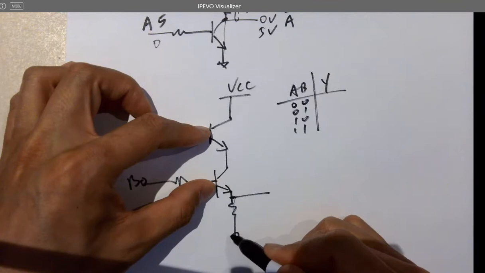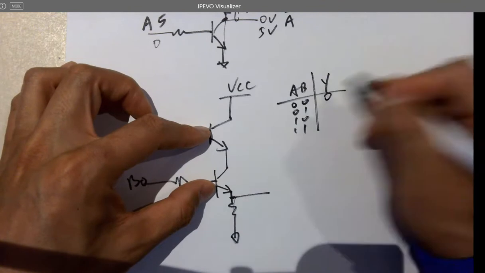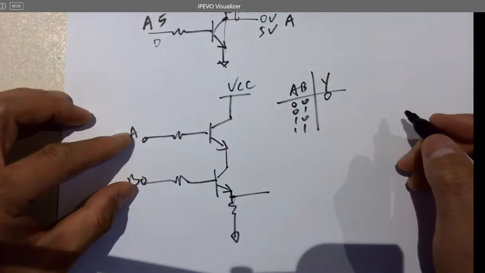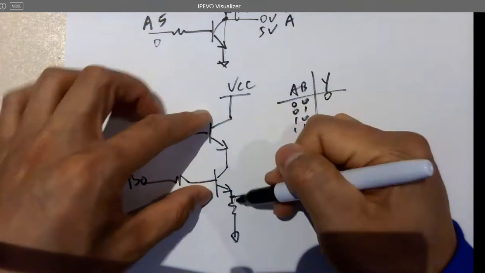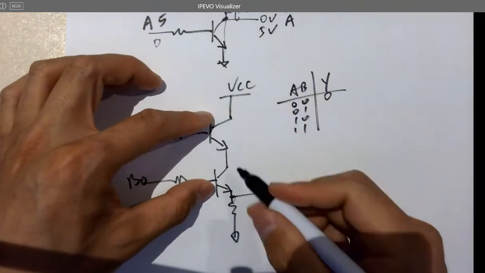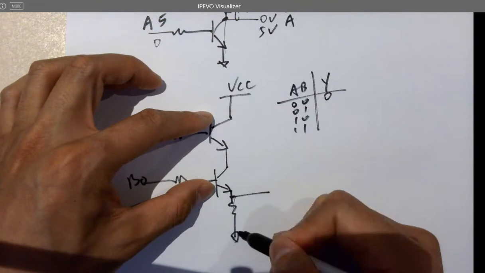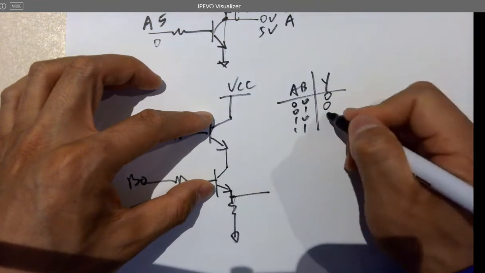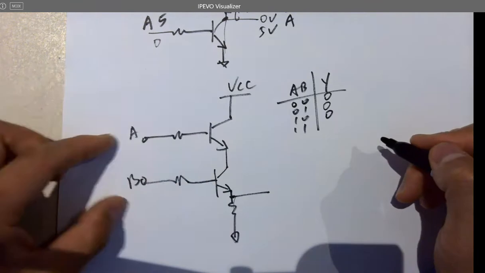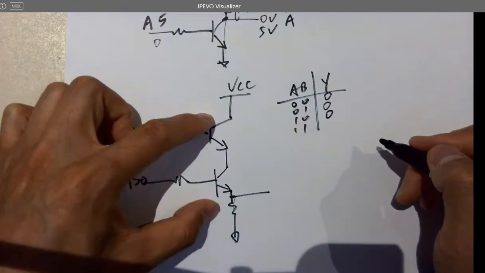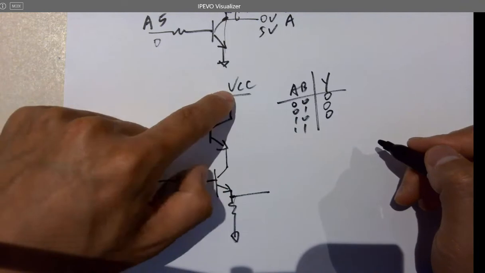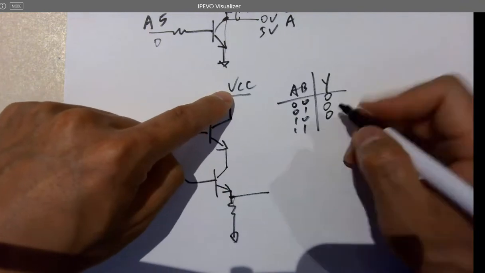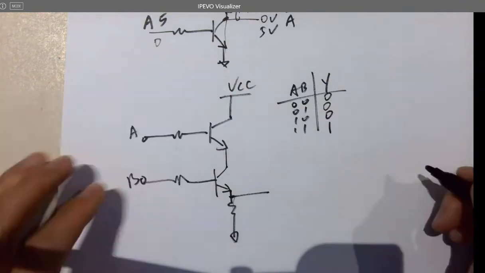This will be pulled down to the ground. 0, 1, off. It's just one branch in series, so it's still off and still pulled down to the ground. Same. Only when both of them are on do you get a channel here. It's going to pull this up to VCC. So what is this logic?